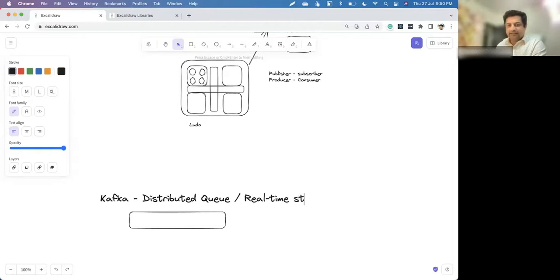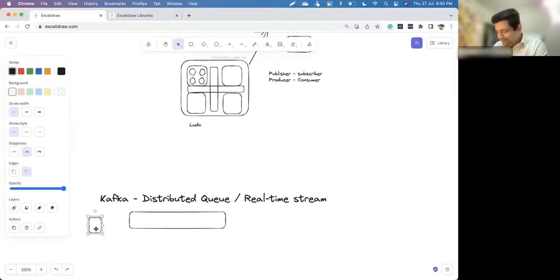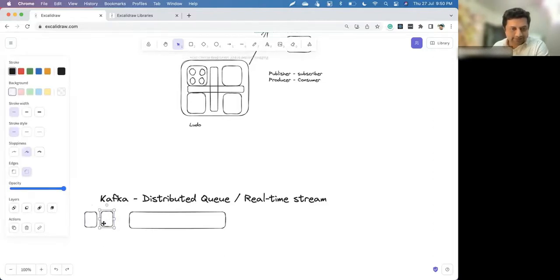This is also called stream processing, because basically what is a message queue doing? There are a lot of messages coming, one by one, at a very high speed. It's like many cars entering a parking lot.